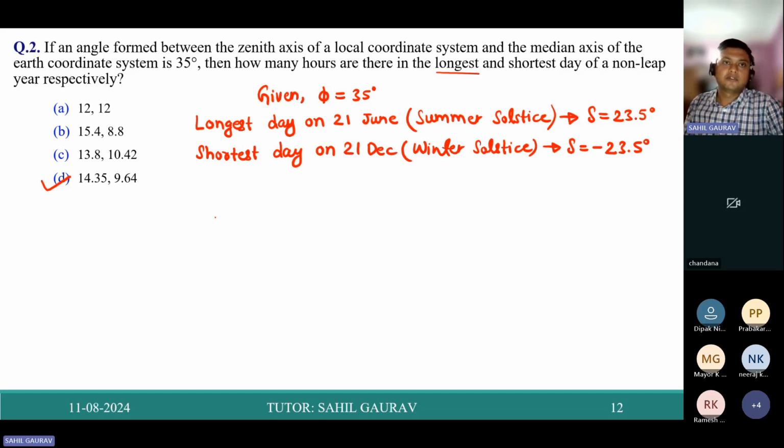So we have to find the number of hours. Considering the first case, the longest day.